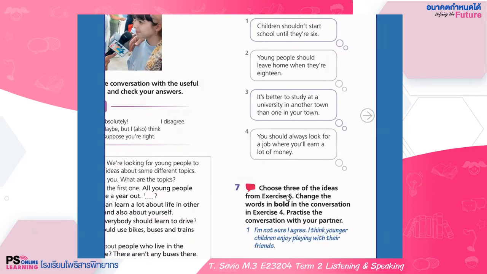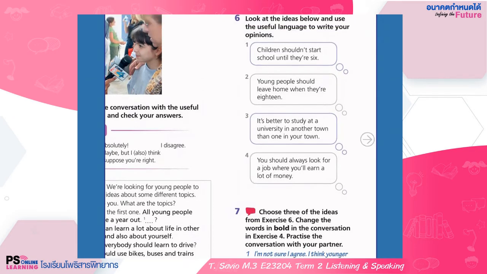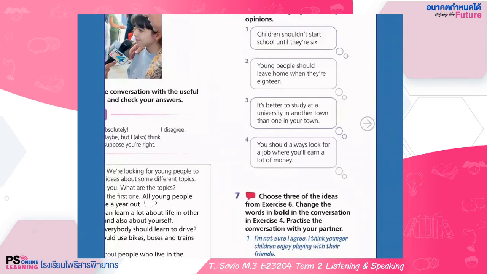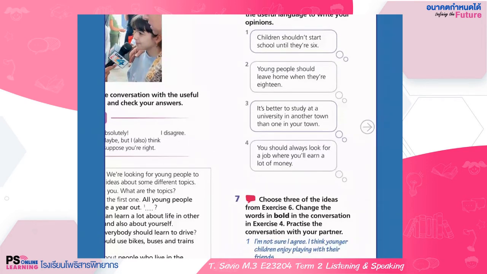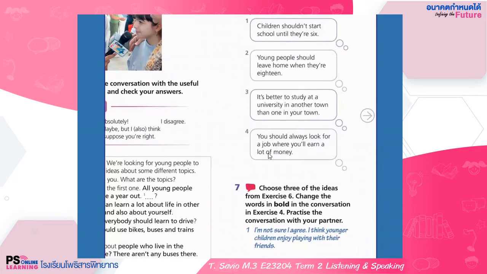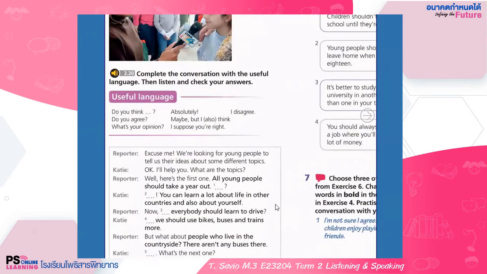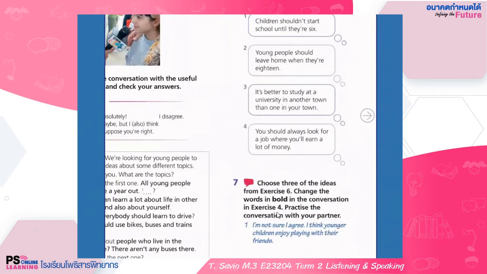Exercise 7. Choose 3 of the ideas from exercise 6. Change the words in bold in the conversation in exercise 4. So these are the words in bold. So you have to change those words and practice the conversation with your partner.